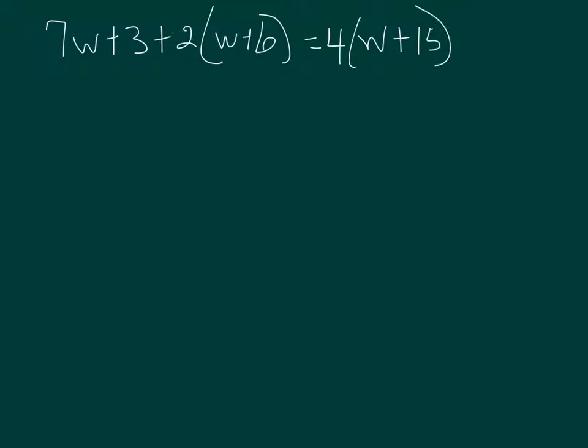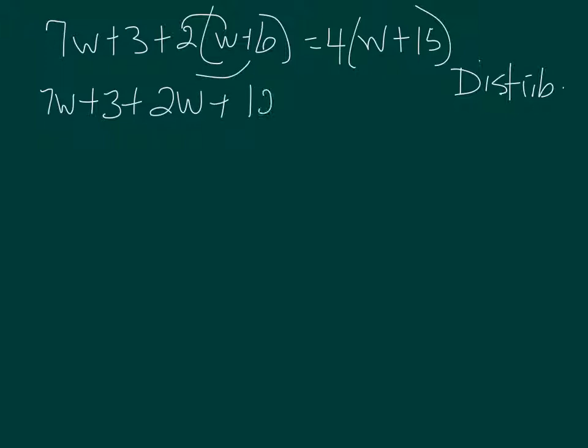Okay, the first thing we want to do is distribute, so we can get rid of our parentheses. So at this point we're not doing anything with the 7w plus 3, but we do have 2 times the quantity w plus 6. Distribute the 2 to the w, and 2 times 6 is 12, equals 4w plus 60. 4 times w, and then 4 times 15.